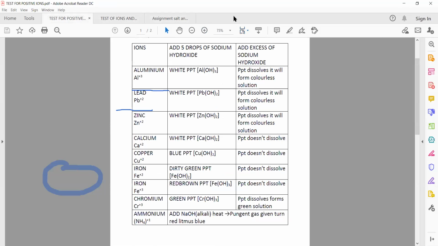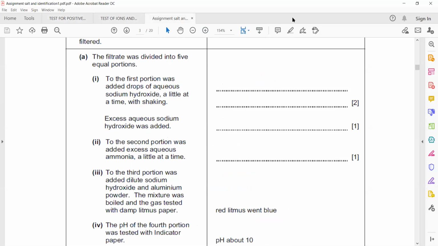White precipitate forms. So you can see here, a salt, they already mentioned in the question, a salt contains calcium, and what you will observe is a white precipitate. So what you will write here: in this one, to the first portion we add drops of sodium hydroxide, little at a time. Little at a time means a small amount.